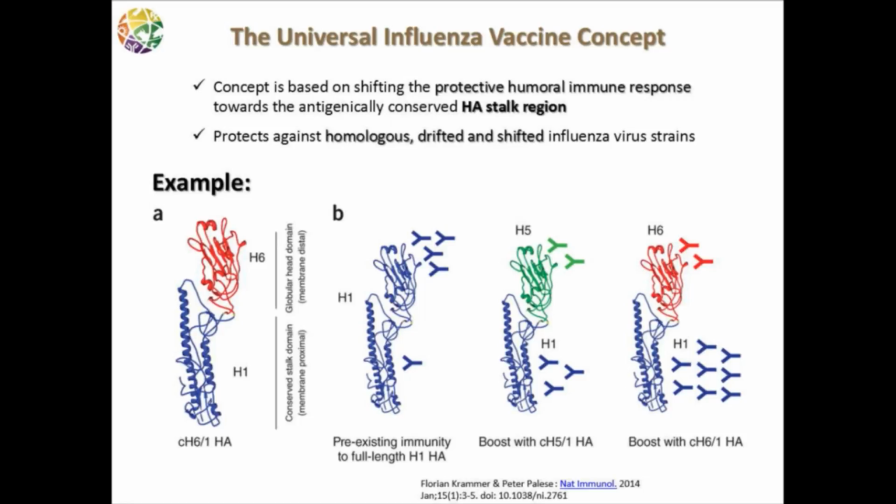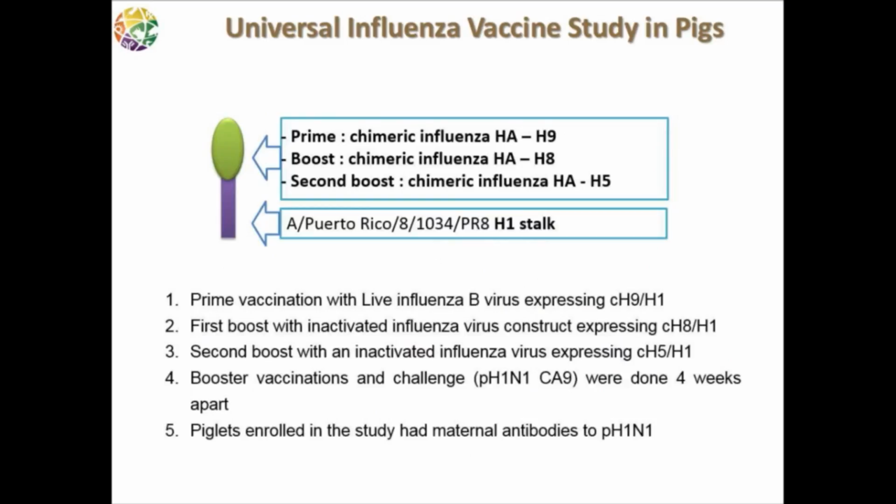In our lab, we also tested this concept, and we used 3 hybrid proteins. All of them have a globular stalk domain from pandemic H1N1 virus, and a globular head domain from H9, H8, and H5 serotypes.